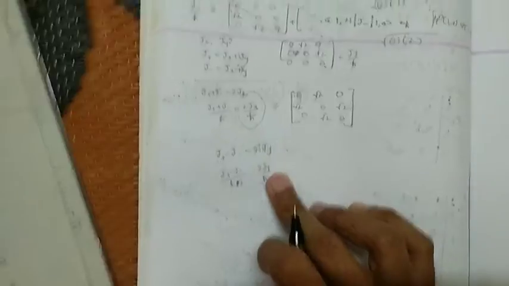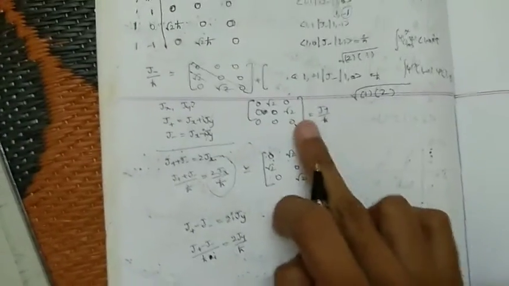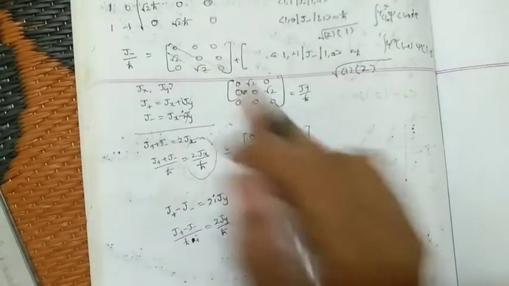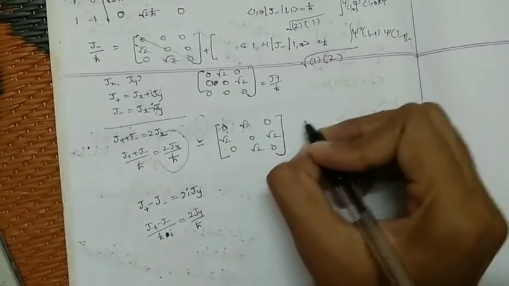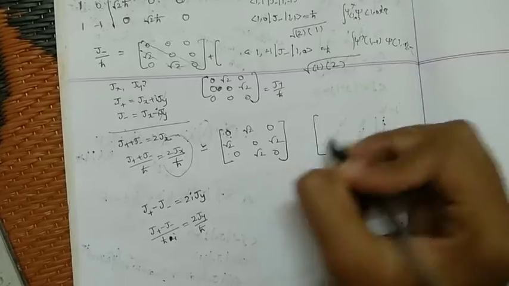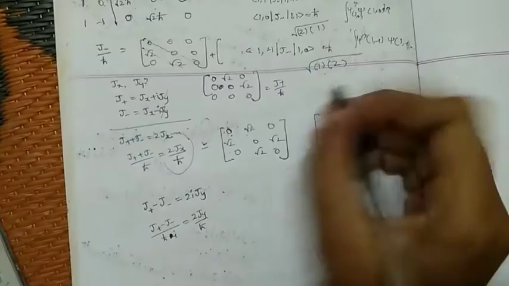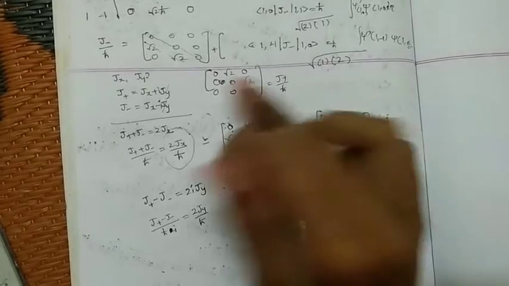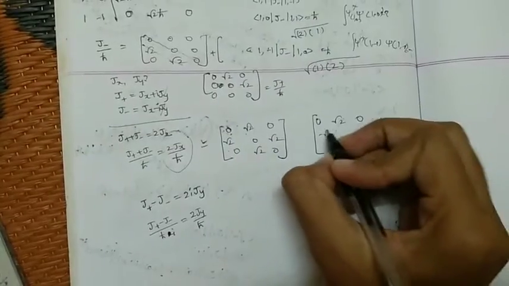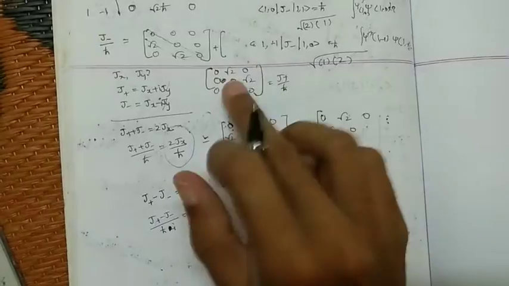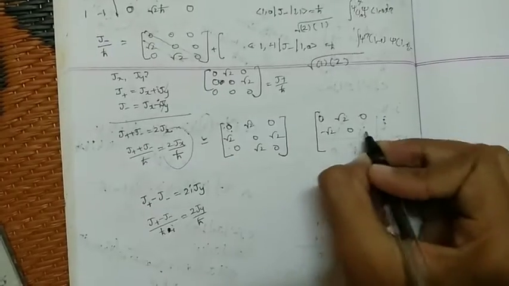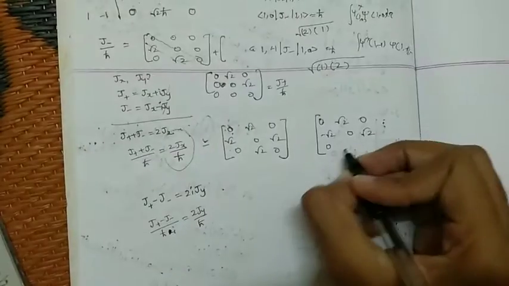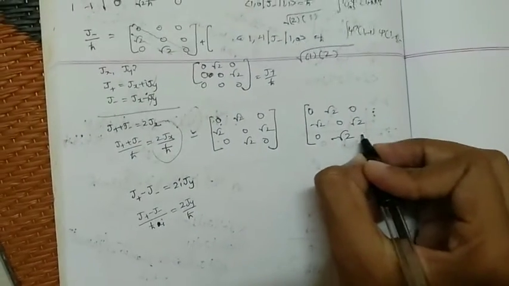So if we subtract, here you can see, J plus by h cut, this matrix minus this matrix, that is nothing but 0 minus 0 is 0, root 2 minus 0 is root 2, 0 minus 0 is 0, and 0 minus root 2 is minus root 2, 0 minus 0 is 0, and root 2 minus 0 is root 2, again 0 minus 0, and 0 minus root 2 is minus root 2, 0 minus 0 is 0.